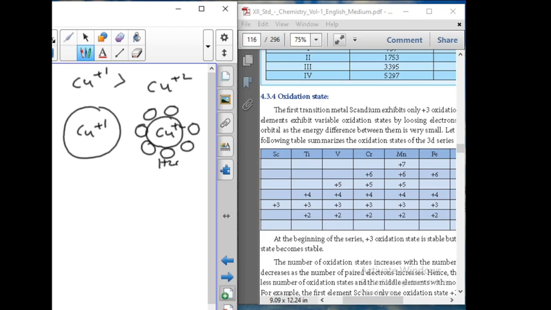Water molecules are polar, and copper +2 is also polar, like polar molecules attract together. If the size is very small, more water molecules are attracted by copper +2. If the size is large, only a few molecules are attracted. That is called the solvation effect. So more solvent molecules surround copper +2 compared with copper +1. That's why copper +2 is more stable than copper +1 due to the solvation effect.